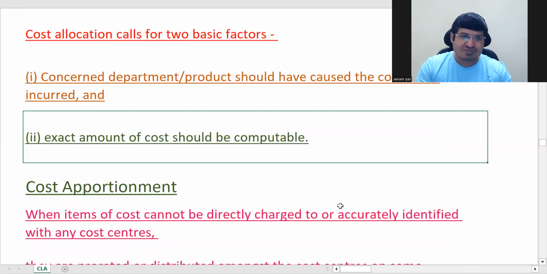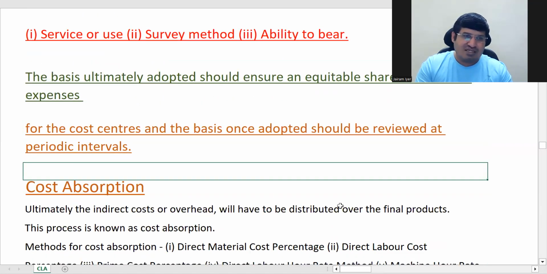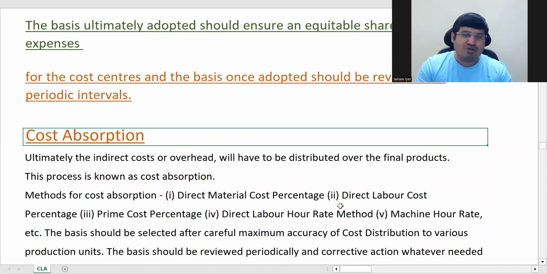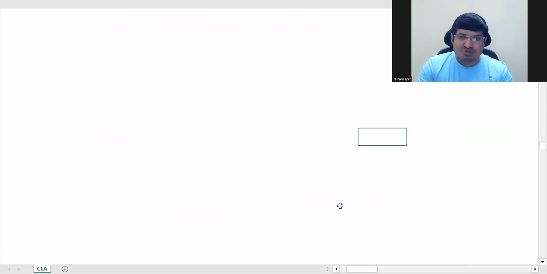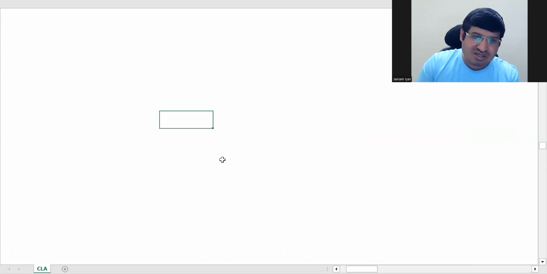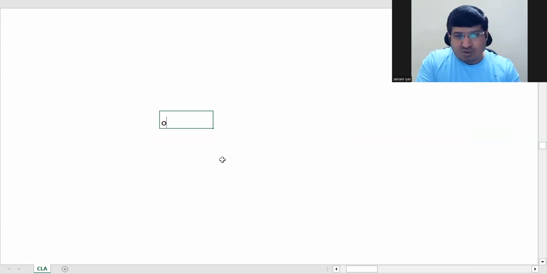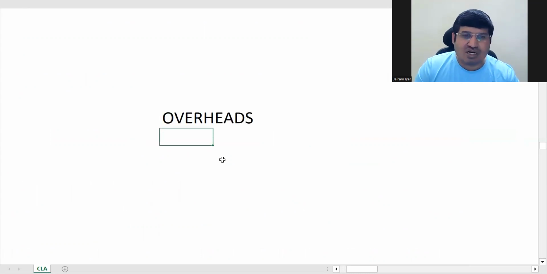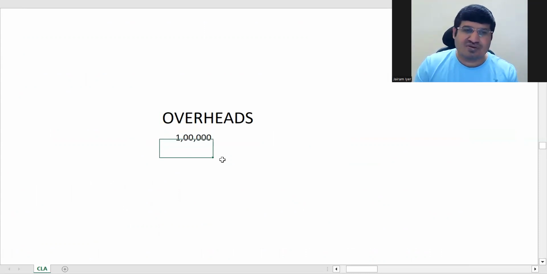And then comes absorption. I'll tell you what cost absorption is. Say your total overheads are 1 lakh.